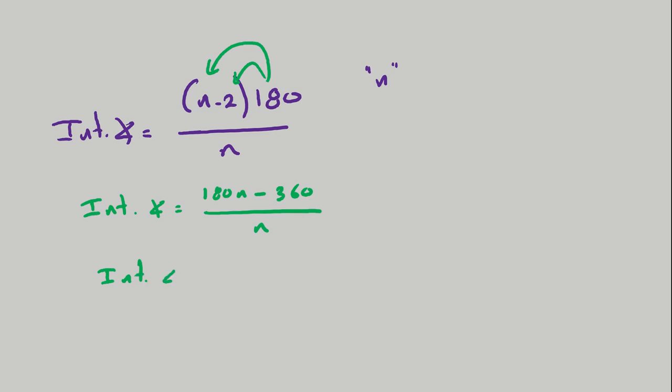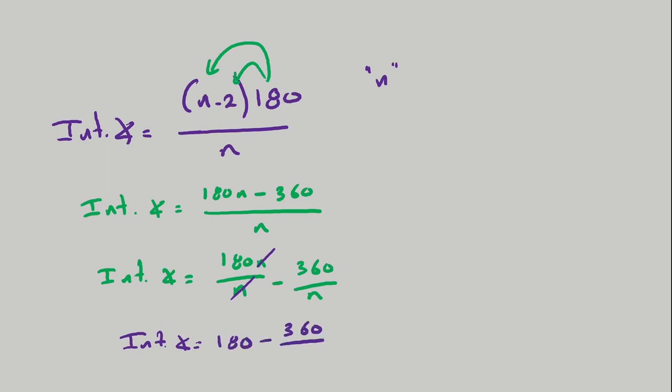So we have the interior angle equal to 180N over N minus 360 over N. Both of these have N's in them, so they cancel out. Here we're left with my interior angle equal to 180 minus 360 over N.